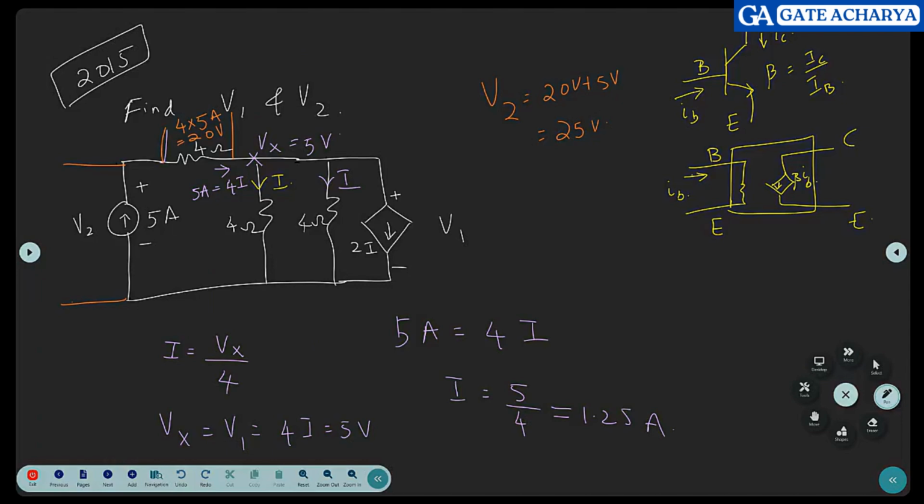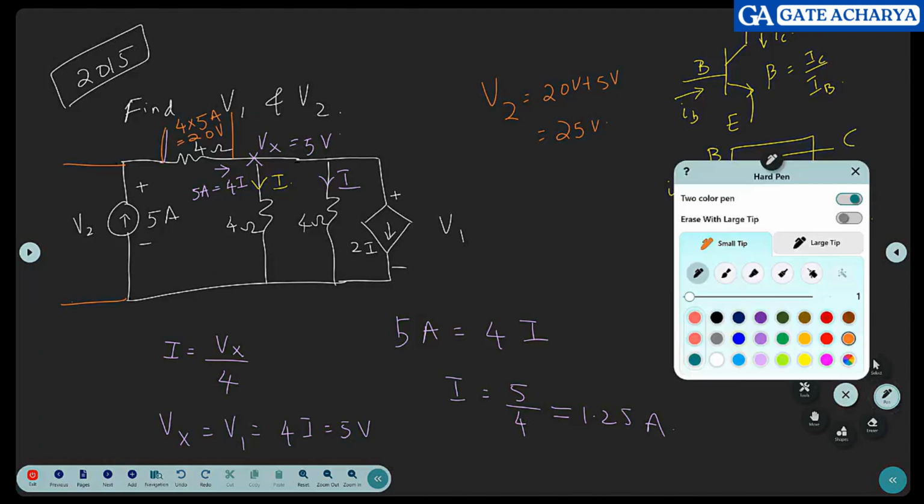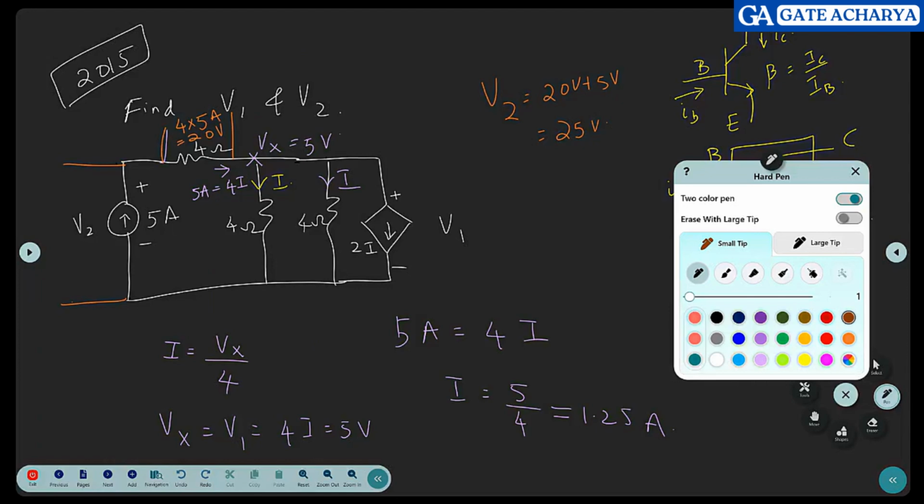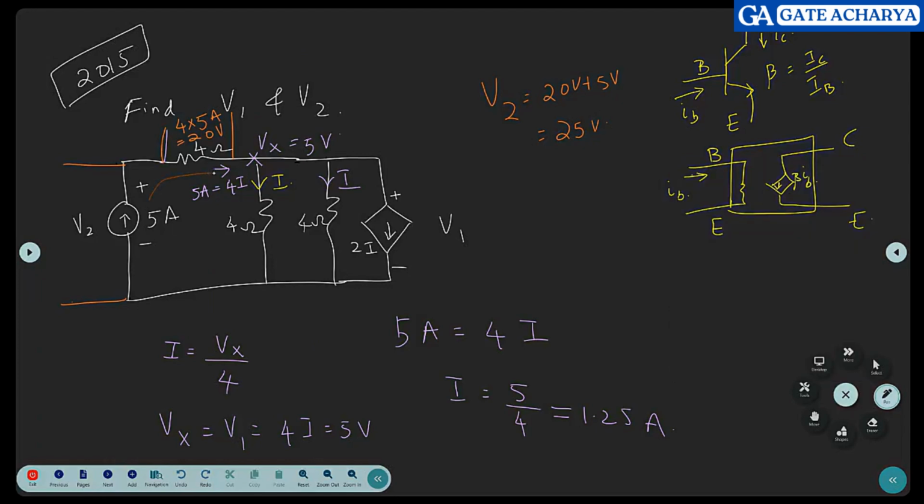Now you know the potential. Potential will be same across the junctions. So I got V1. What do I mean? I mean this current 5 amps will start from here and then it will divide.